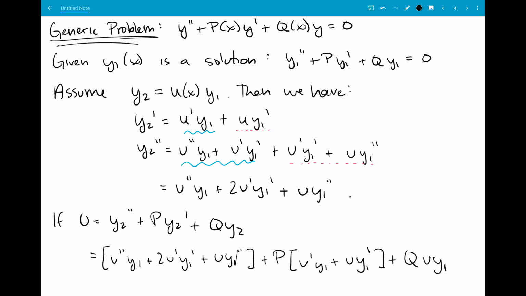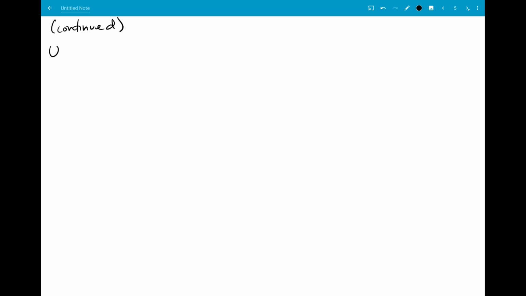And I just have to rearrange this to try and cancel out the y1 terms. So what's going to help me here is to remember that this is equal to 0 and try to pull out terms that look like that. So what I've got is 0 is equal to u double prime y1 plus 2u prime y1 prime plus u y1 double prime.